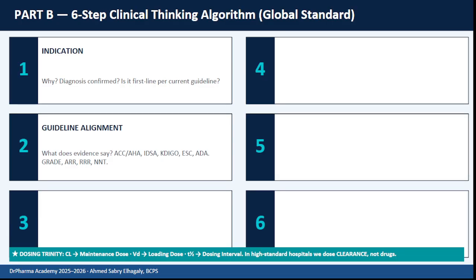If I want to treat a renal patient, I need to follow the KDIGO guideline. For a diabetic patient, I need to go to the American Diabetes Association. And also ESC, this is also for cardiology.